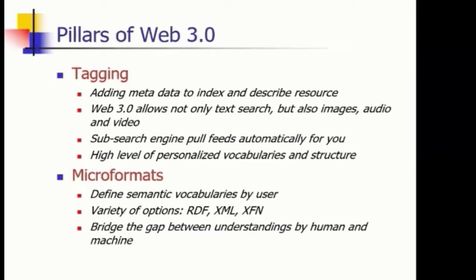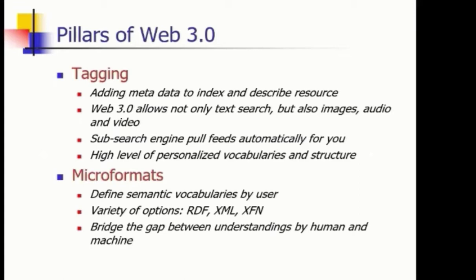The third point within tagging is the sub-search engine. Search engine technology, the tagging of the search engine, tagging of the query, and the advancement of query searching are improved in this web.